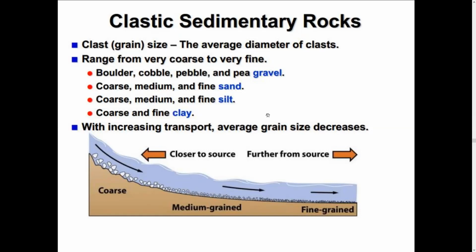The average grain size decreases, and the reason is that the distance that such materials, such clasts, have traveled would mean slowly but surely they are breaking down further into smaller pieces, right?